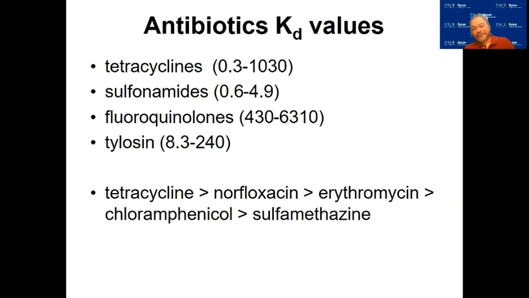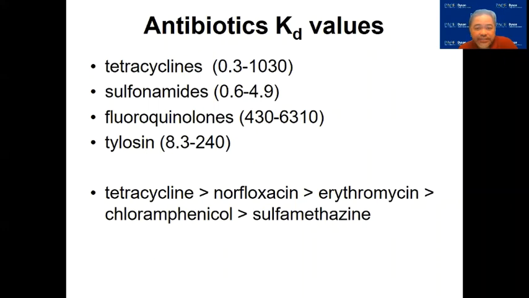Another thing they look at is the KD value, the distribution constant. What information can you get from here? The higher the value of the KD constant, the more persistent they remain in the soil.